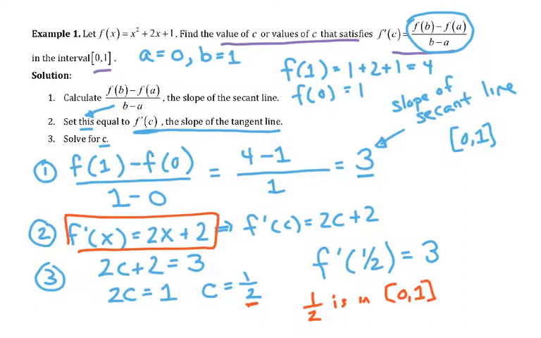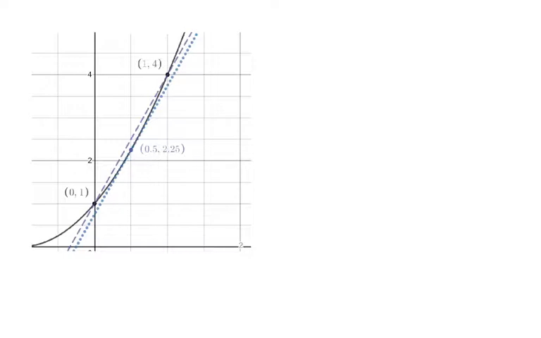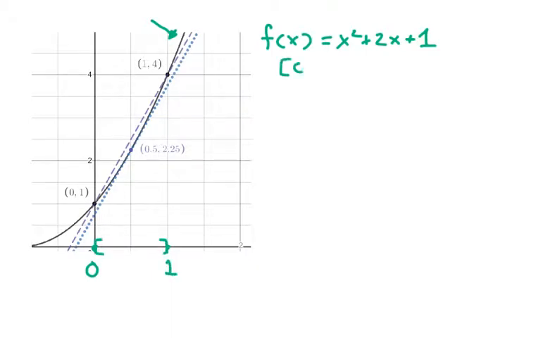So I think I have a graph for us to look at. It's kind of hard to tell, but this is the graph of x squared plus 2x plus 1, that's in the black. And here is 0, here is 1. This is my closed interval, 0 to 1. And here is c, c equals 1/2.